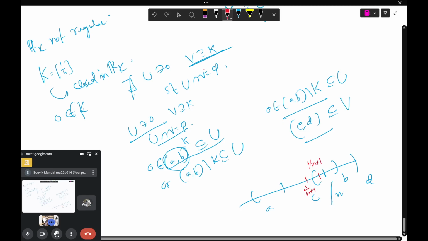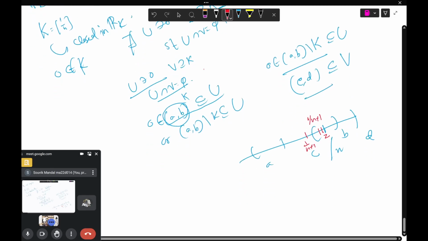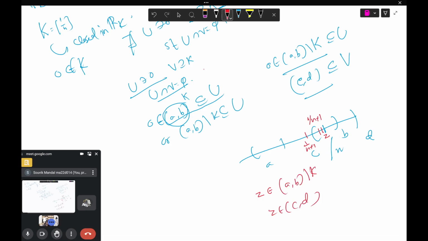But whatever the case is, if we take any point Z which lies inside (1 by n+1, 1 by n), this point belongs to (a,b) minus K, and also belongs to (c,d), correct? So in that case, Z belongs to U and Z belongs to V. So the intersection can't be empty. So that's the thing. Do you understand the argument?